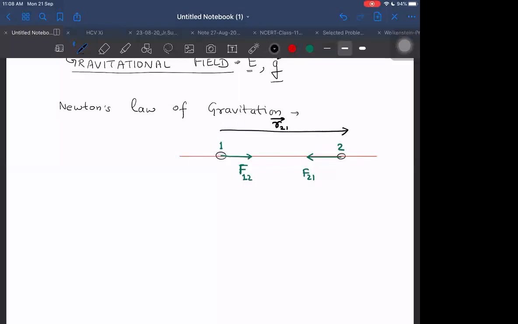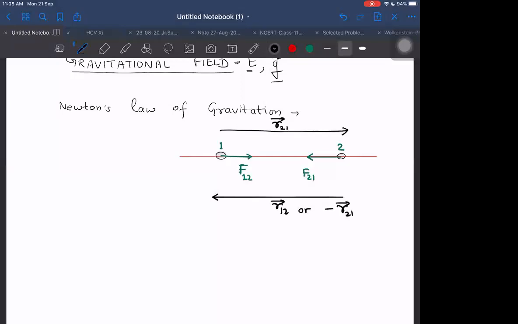And the unit vector in this direction will be R21 cap. Opposite of this will be minus R21, or R12. I can say R12 cap, minus of R21 cap.